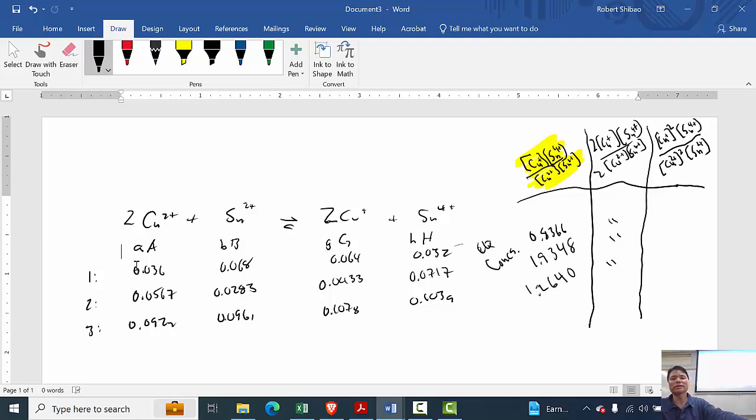So let's try this instead. So I'm going to have 0.064 and then square that times 0.032 divided by 0.036 squared divided by 0.068.